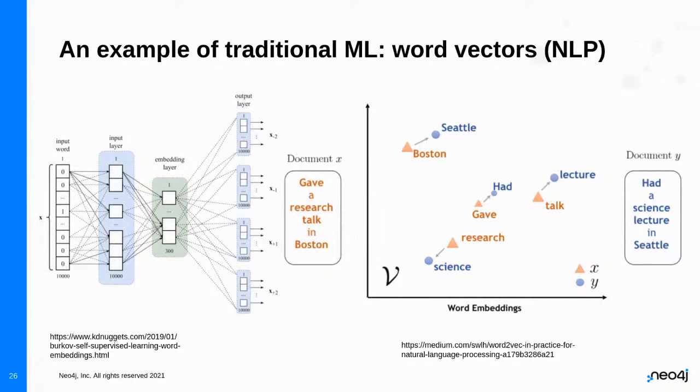This is called word2vec. And what we're doing here is the skipgram approach. I'm not going to get into the math behind it. Those of you who are interested in NLP, there's all kinds of resources out there about it. But let's say that I start with document X, which is this orange text, and it says, gave a research talk in Boston.